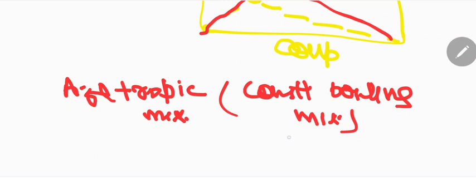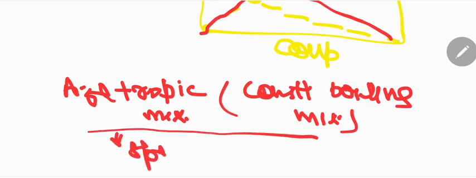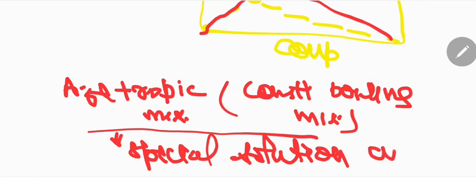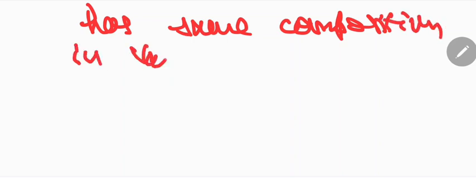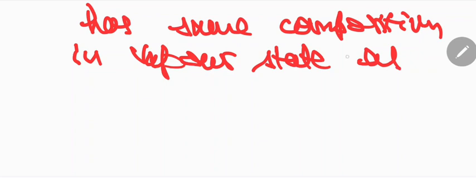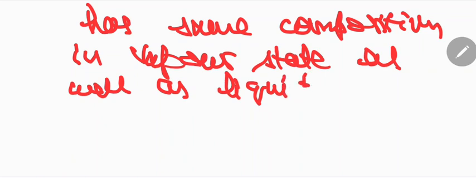It is a special solution which has the same composition in vapor state as well as liquid state. Otherwise, the composition of the liquid state and vapor state are different.